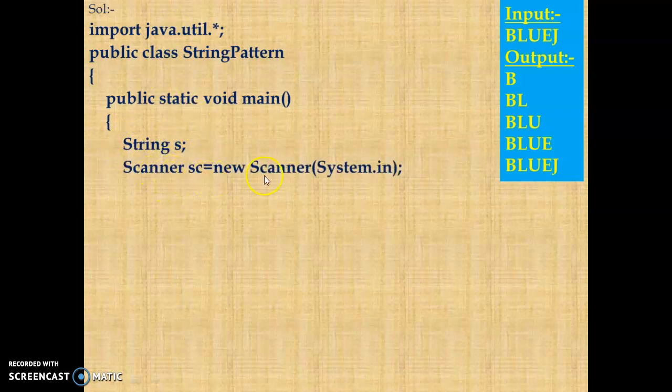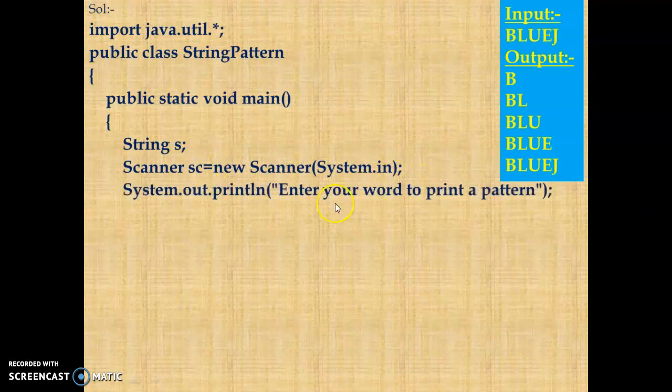Then I use the Scanner class for taking the input. Scanner sc equal to new Scanner(System.in). Then you are asking for a word. Any word you can take from the user and have to print in this pattern.